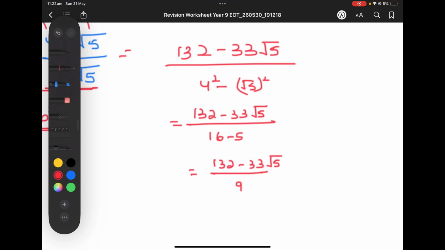132 minus 33 root 5. Is there anything that you can take common out of here? I think we can take 3 common out. Let's divide 132 by 3 and see, because we want to cancel it like that. 3 ones are 3, 3 fours are 12, yes, 44.